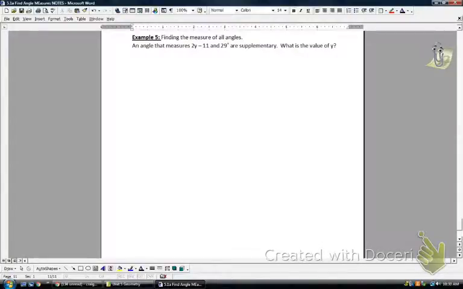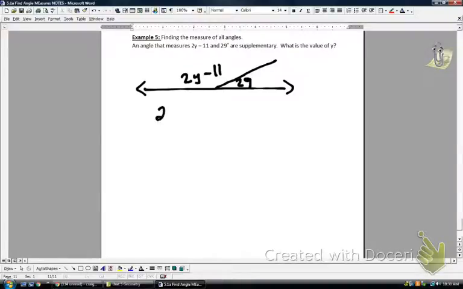Alright, so I know that supplementary means they add up to 180. I know that one of my angles is 29 degrees, so it's pretty small. And then I know that this one, 2y minus 11, is my other angle. So 2y minus 11, that's my first angle, plus 29 degrees equals 180.